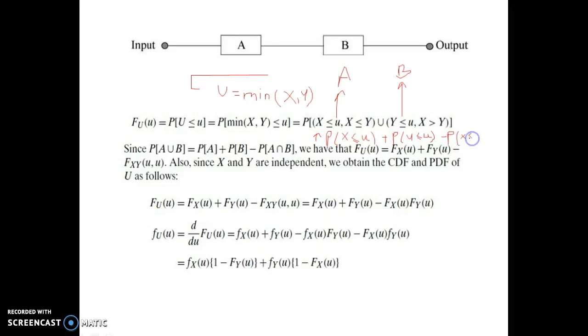X is less than or equal to u and Y is also less than or equal to u.